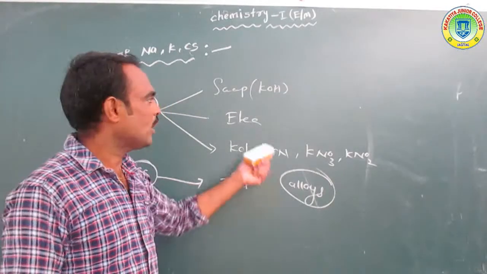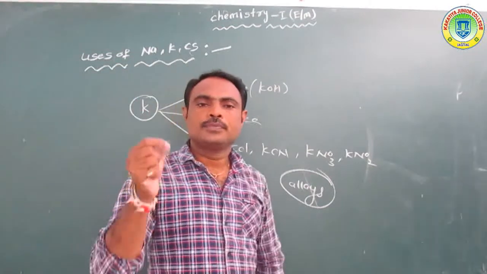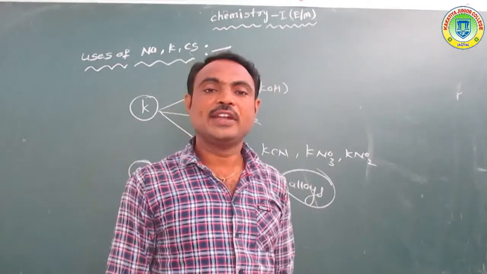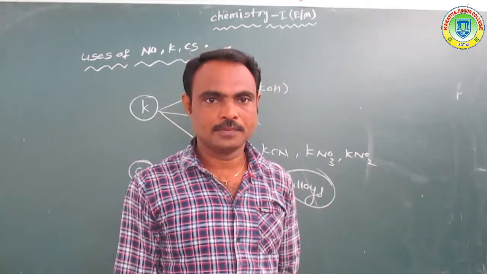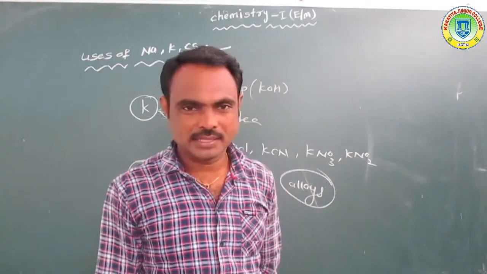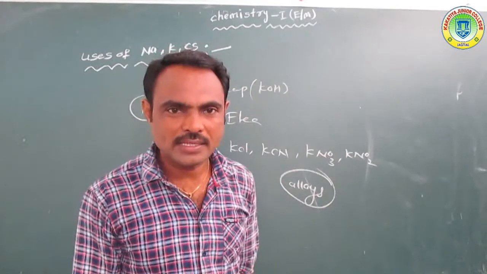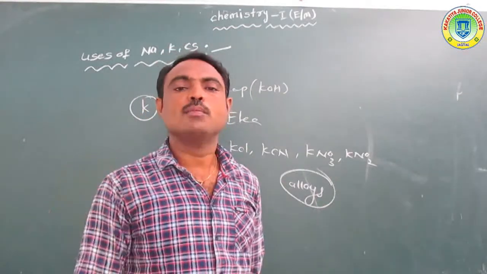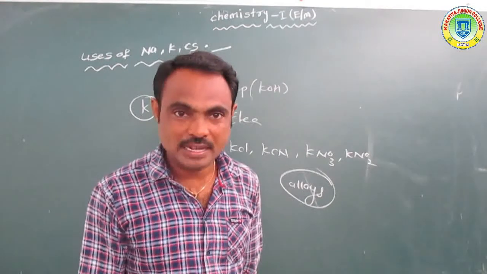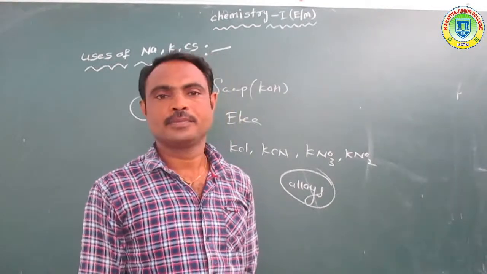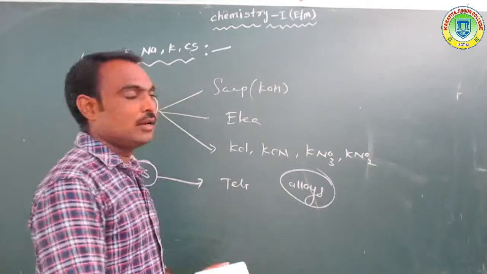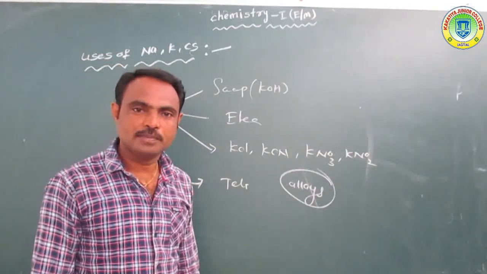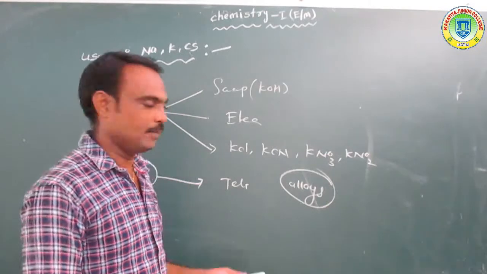Overall, these elements are used in different types of alloys. What is the meaning of alloys? The combination of two or more metals is called alloys. Okay, so these are the uses of sodium, potassium and cesium.